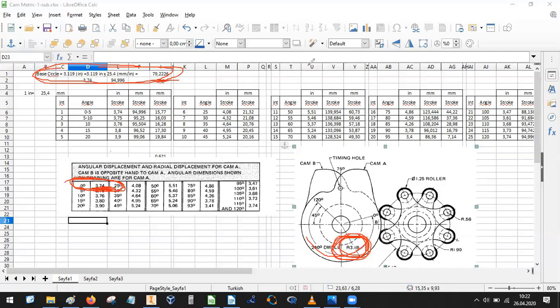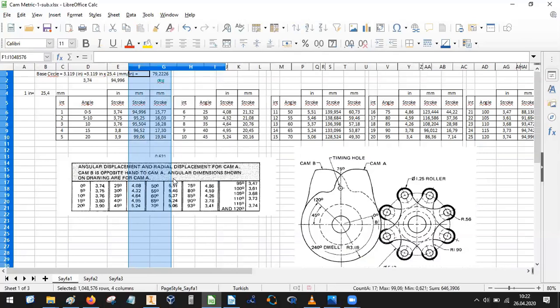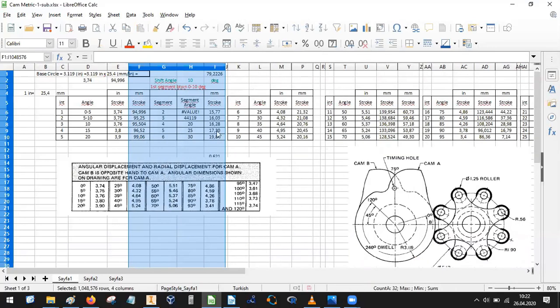If you have opened the columns, I have some values entered to these values.